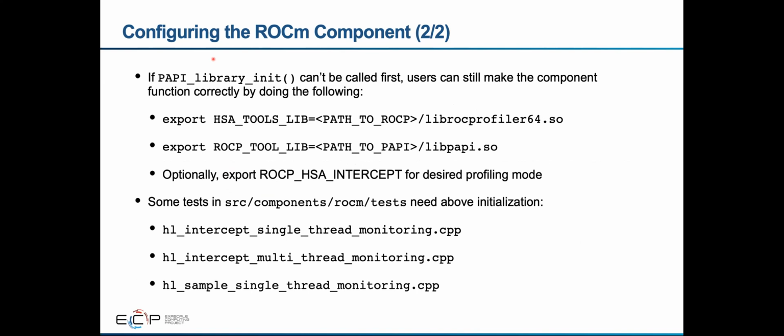So if the user cannot call PAPI library init before any HIP or ROCm call, users can still make the component function correctly by doing the following. They have to explicitly export HSA_TOOLS_LIB to libroc profiler 64.so, and also export the ROCP_TOOL_LIB environment variable to libpapi.